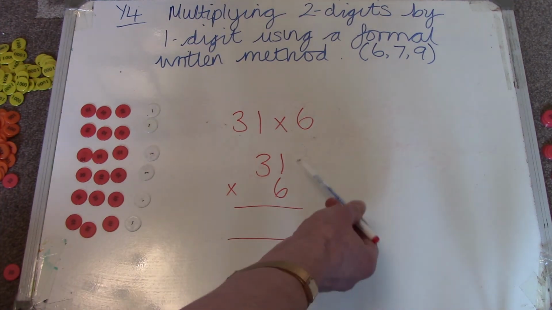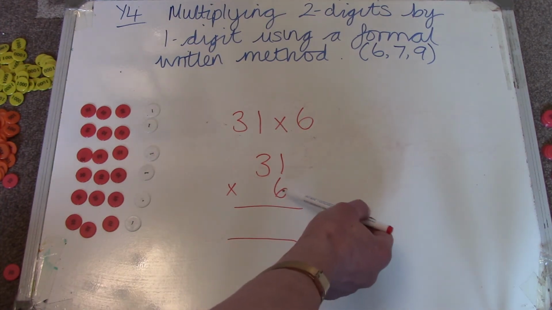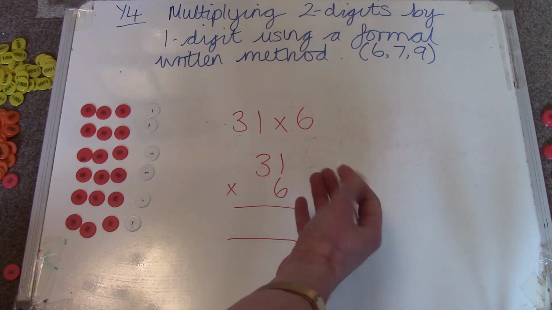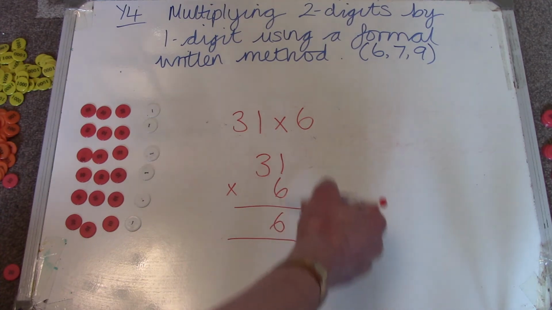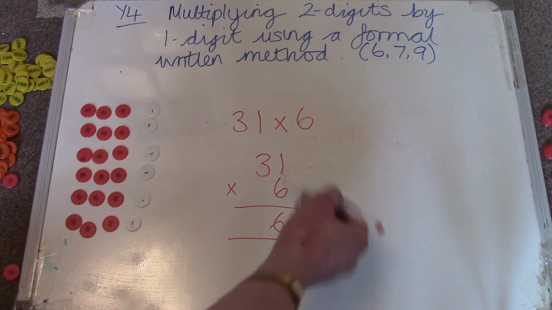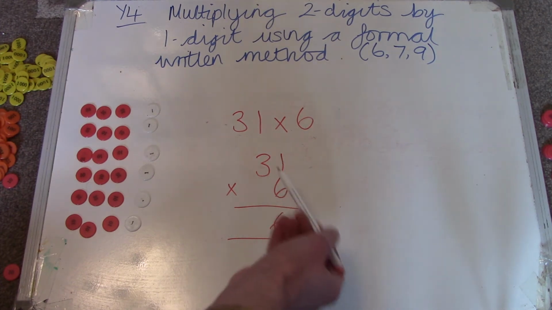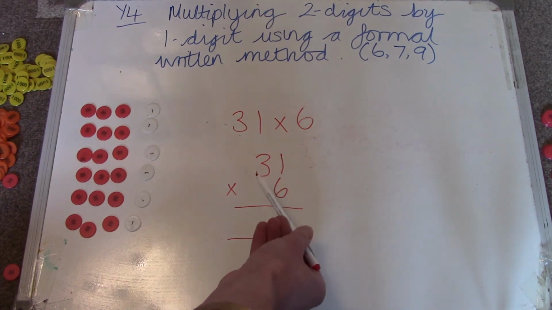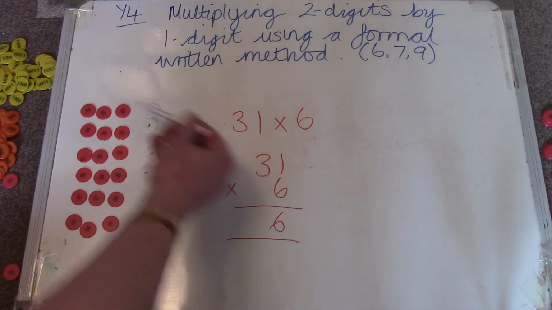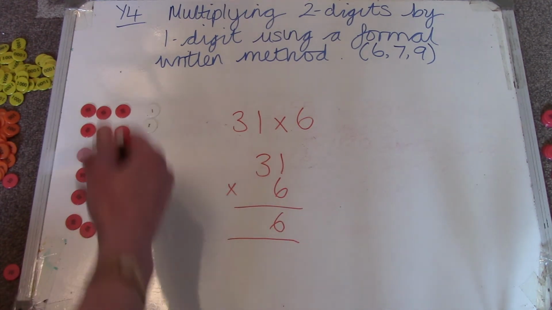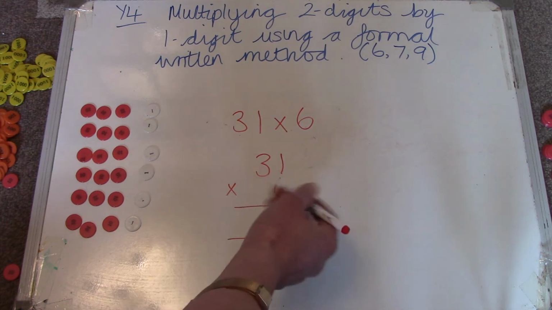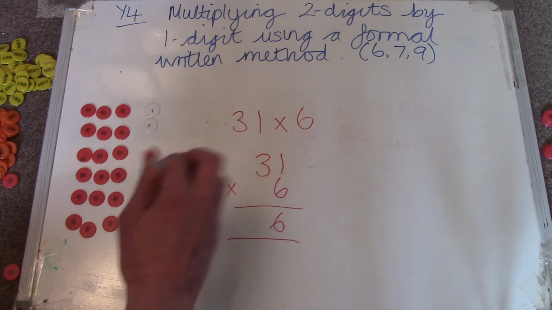So we always start this side again at the least significant digits. We say 6 times 1 is 6. We've produced a 6, so it goes underneath the ones column. Then we move to the tens. We go 6 times 3, so that is going to give us 18 tens. So we can see that we can't put 18 in the tens column. We know what we can do, can't we?